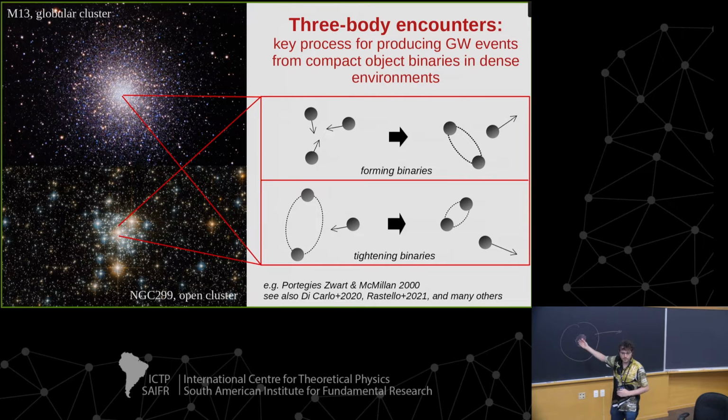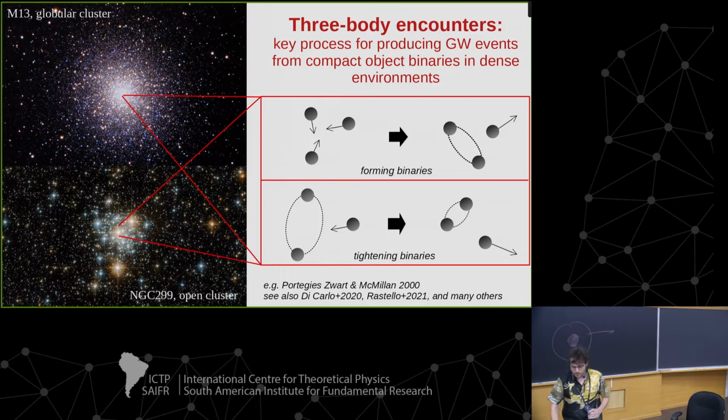This is a form of equilibrium: if the core generates too much energy, it will expand too much, so the density lowers and the rate of interactions decreases, a bit like nuclear reactions in the core of a star.